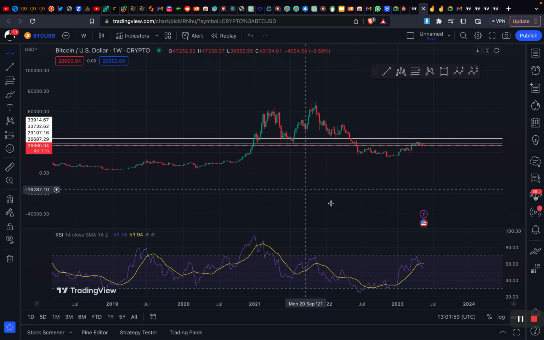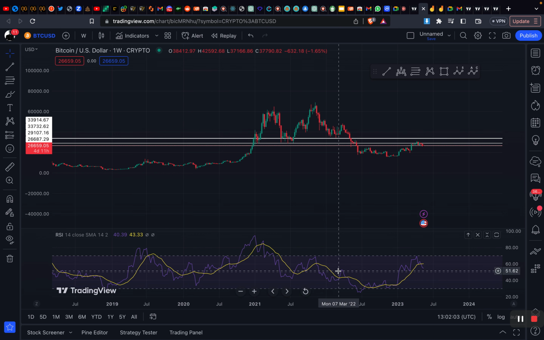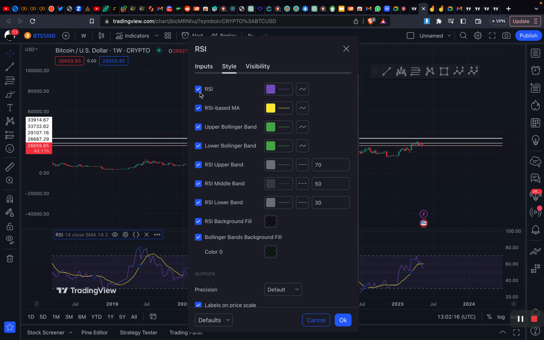So, okay, what happens whenever this indicator Relative Strength Index is being used to determine the direction of the market? Now, ideally, the Relative Strength Index is an oscillator type of indicator. So you click on setting, you can remove one of these.